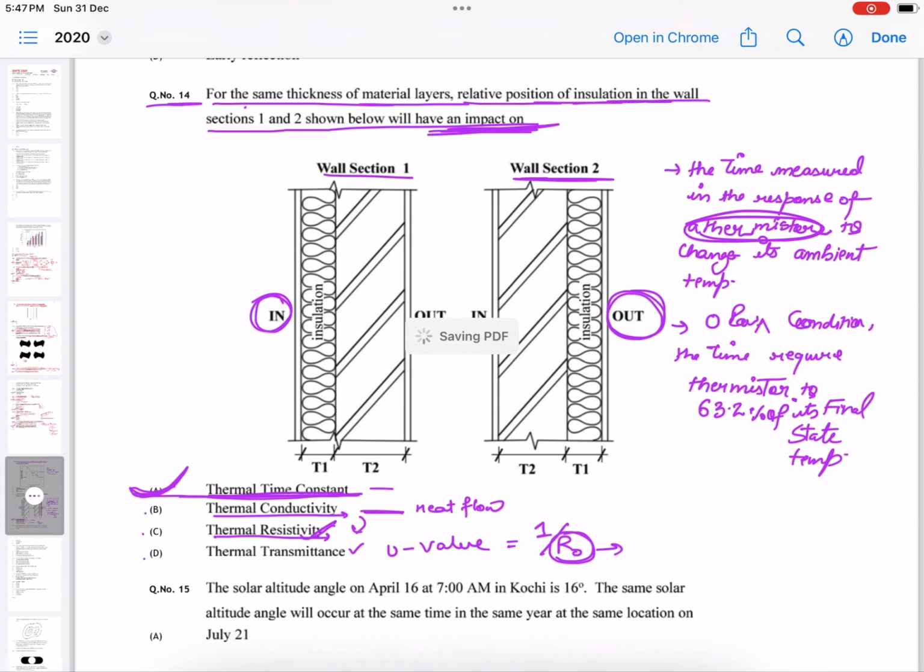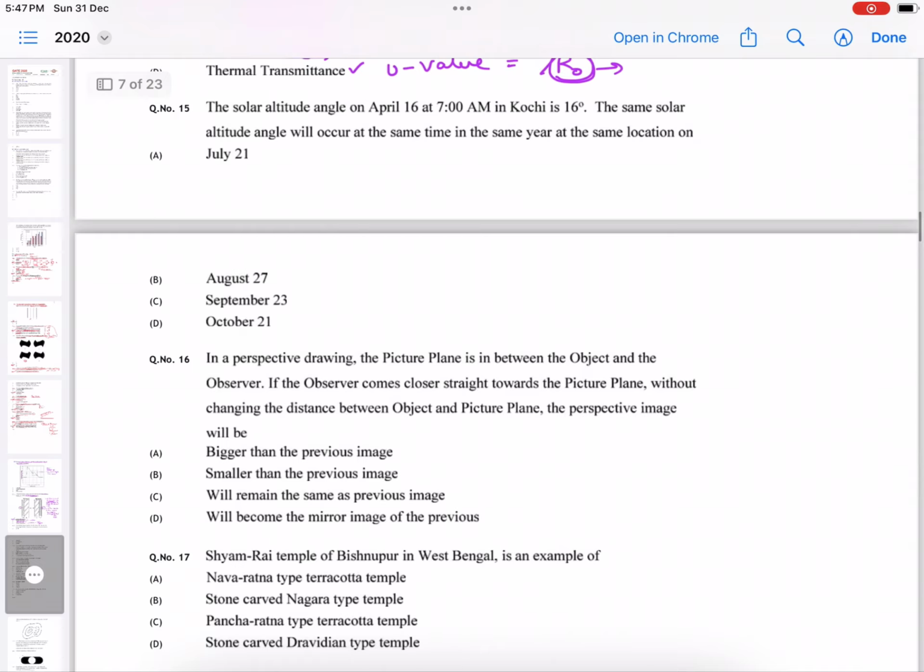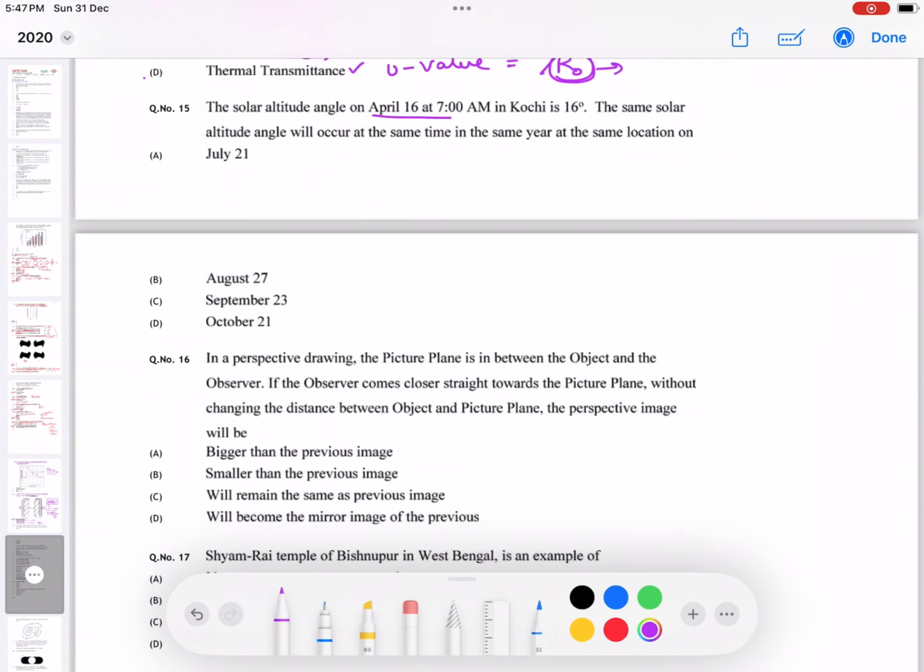Okay, moving on to the question number 15. The solar altitude angle on April 16th at 7 a.m. in Kochi is 16 degree. The same solar altitude angle occurs at the same time in the same year at the same location on what? So this is a very easy question.